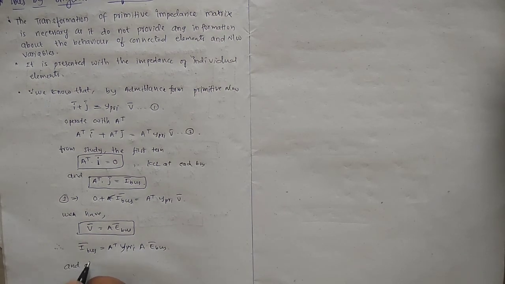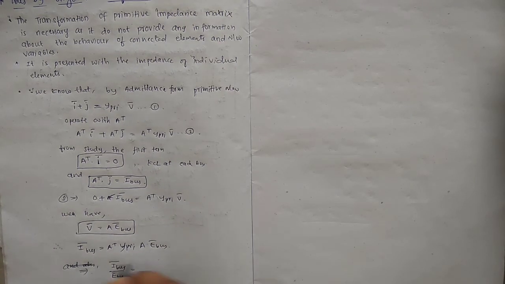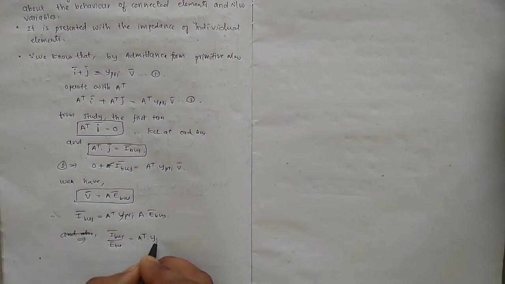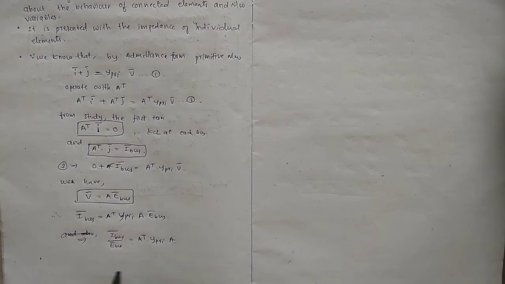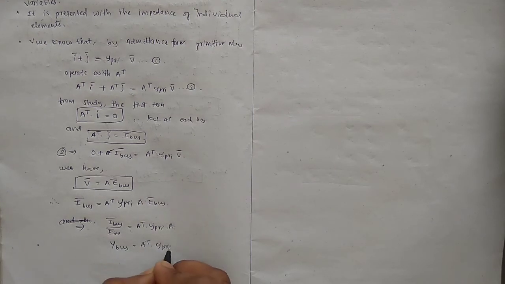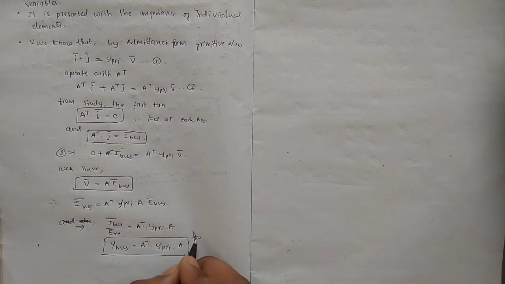And also we have I bar bus by E bar bus. Taking E bus into the denominator side, it is equal to A transpose into y primitive into A. And this whole thing is the admittance, that is Y bus is equal to A transpose into y primitive into A. This is the equation for Y bus by singular transformation.